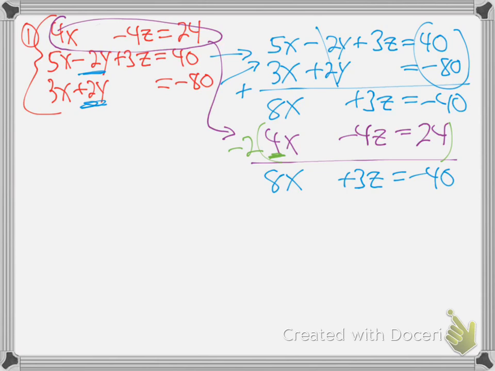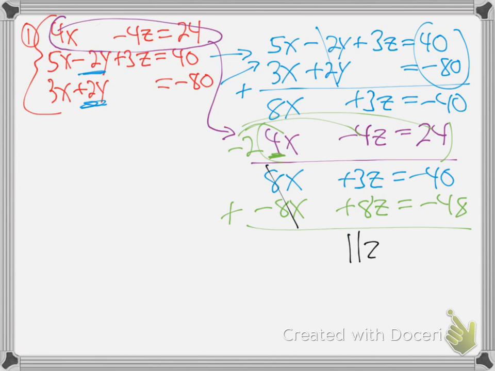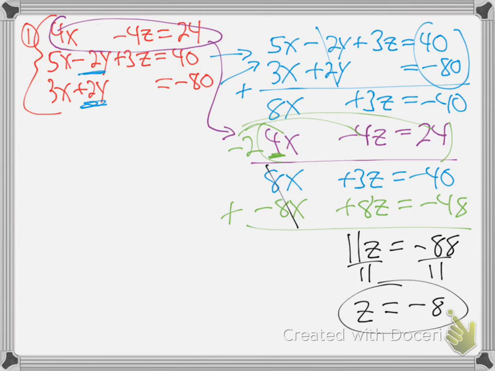The bottom one becomes minus 8x, plus 8z, and that'll be minus 48. Add them up. These will cancel. 11z equals minus 88, divided by 11. z is minus 8. So we got one letter.